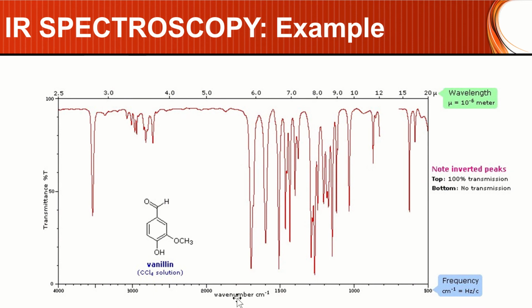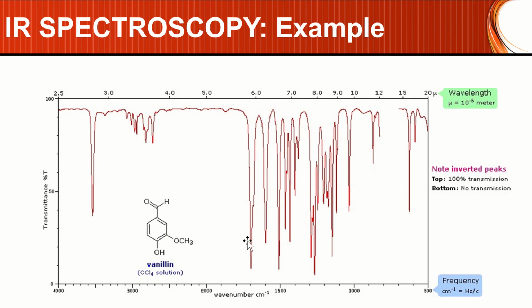But what you will most definitely see is the wave numbers here on the x-axis, right? And there's a direct correlation between our wave number and our frequency, which we just mentioned. And then on our y-axis, we have transmittance, and you'll see percentage T, right? So this is how our spectrum looks.